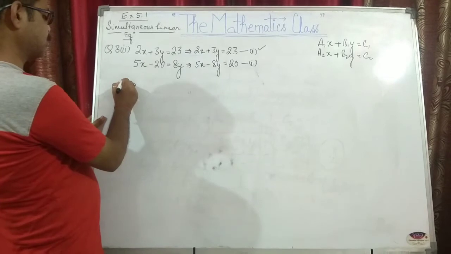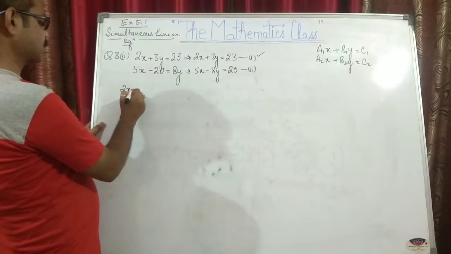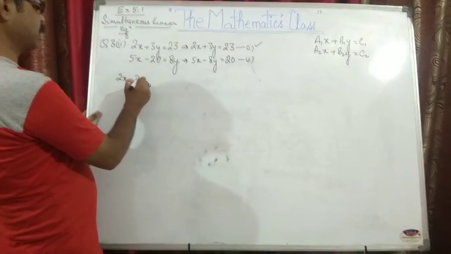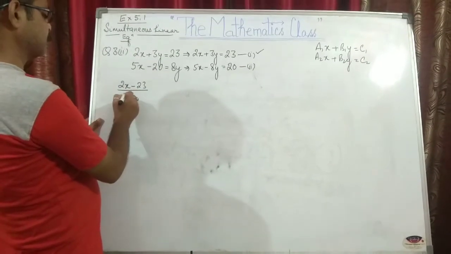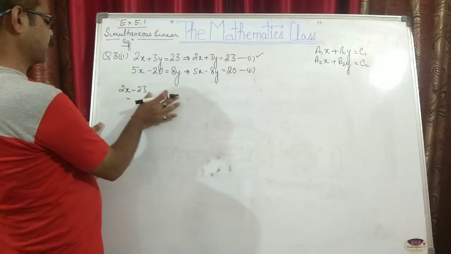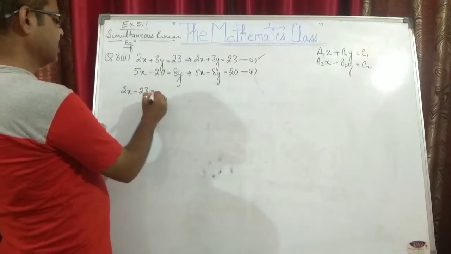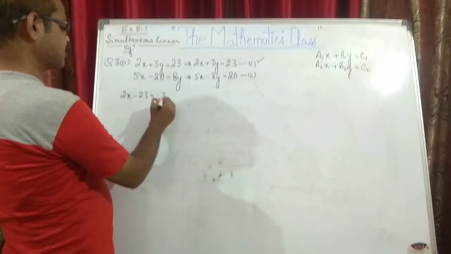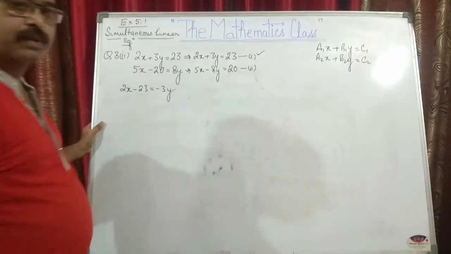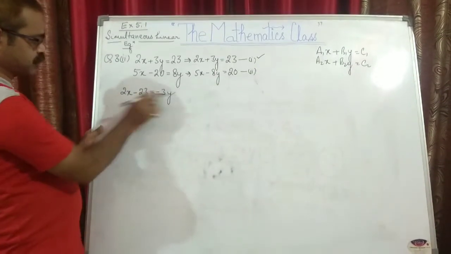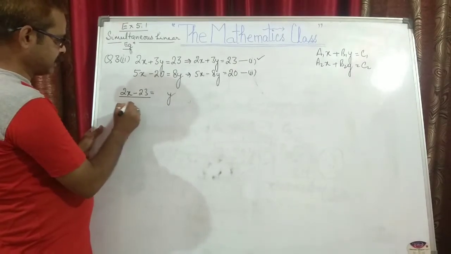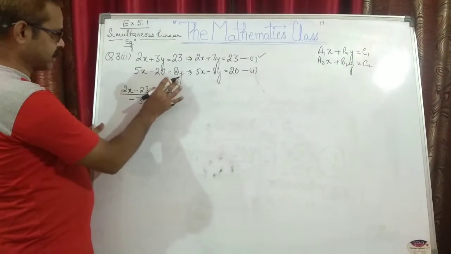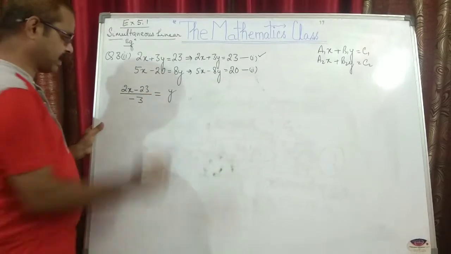So I can say that 2x minus 23 is equal to minus 3y. Now this minus 3 comes to the other side, so I am writing it directly upon minus 3.